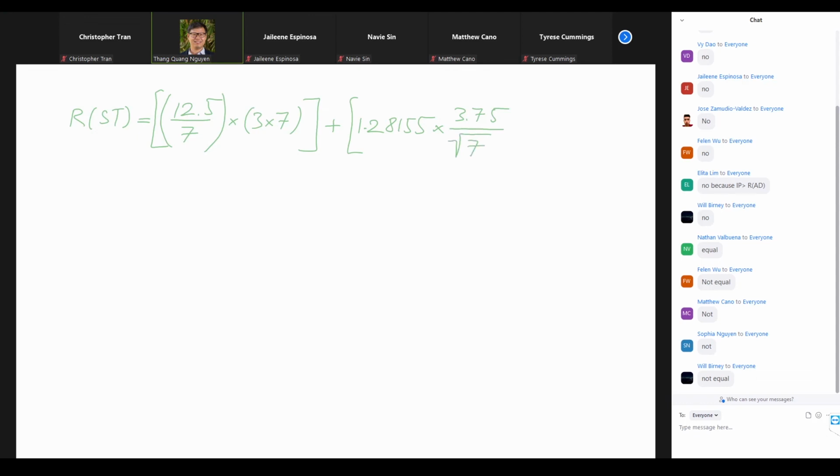Somebody might ask me why the square root, because we need to convert it from the week to the day. Then we have to divide it by 7, right? But this is a standard deviation rather than the variance. If it is a variance, then you divide that by 7. But because the standard deviation is the square root of the variance, that's why the square root shows up here, right?